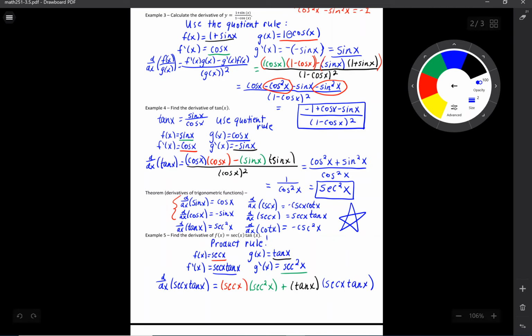So if I were to multiply all of this out, this becomes secant cubed of x plus secant x tangent squared of x.